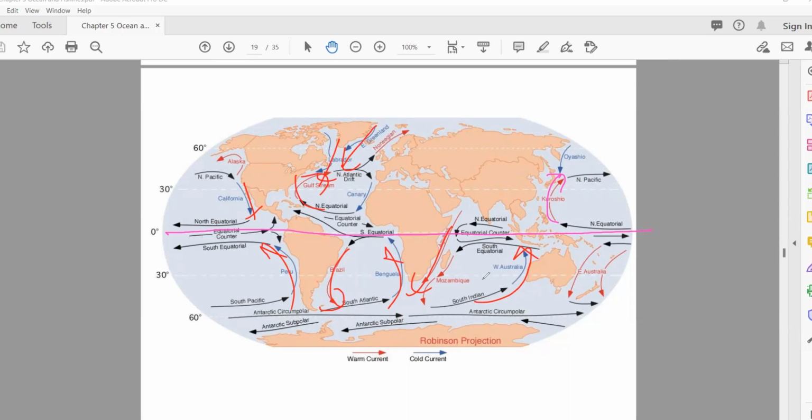Got it? Yes. If in the exam I give you this diagram, let's suppose, and this is the equator. Now tell me, is this current warm or cold?